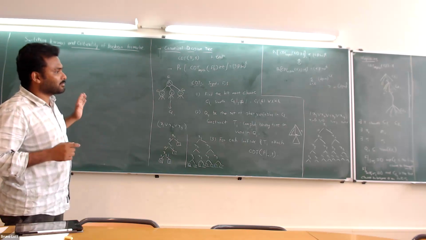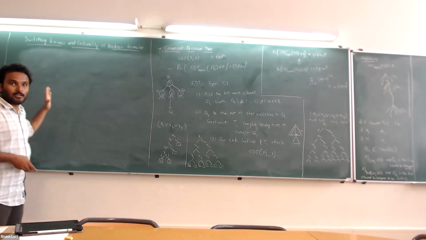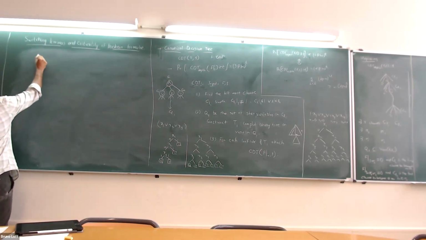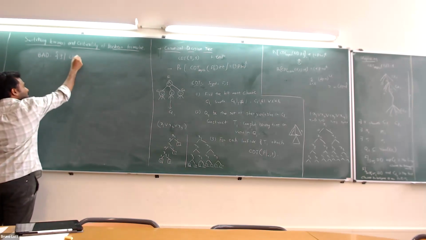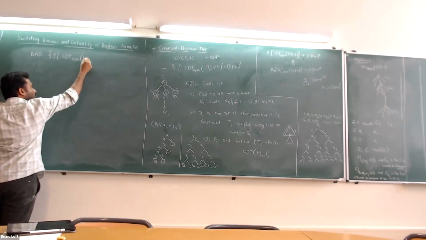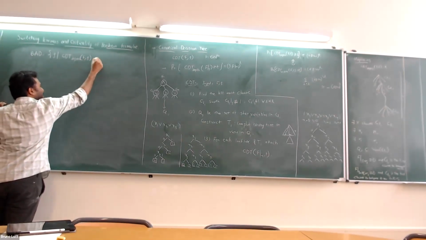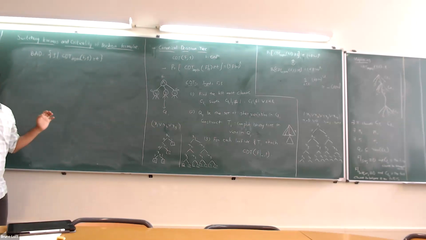Now let's define some restrictions. Let's call some restrictions bad. So what is a bad restriction? A bad restriction is a restriction rho such that CBT delta of F rho is large.